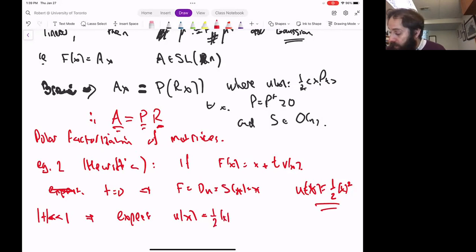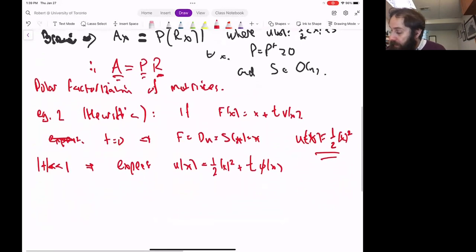So 1/2 x squared plus t something, let's call it t phi of x. And s of x, you expect also to be close to the identity, maybe plus t something again, like t w of x.